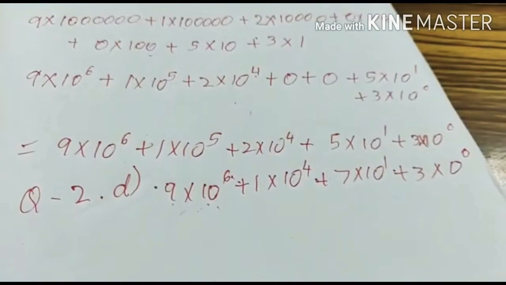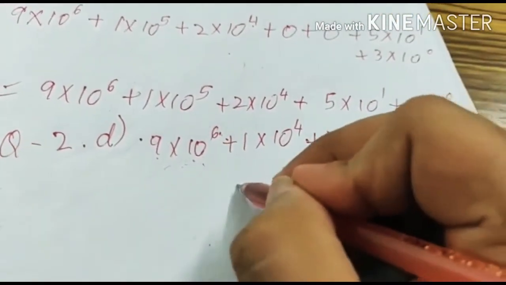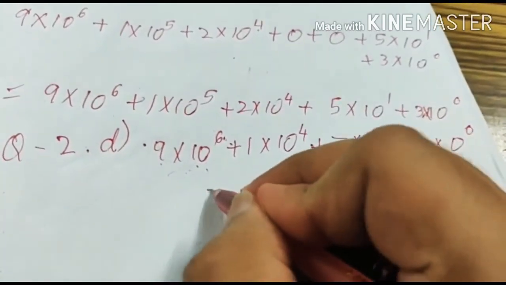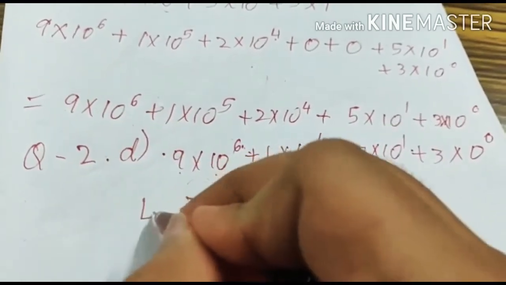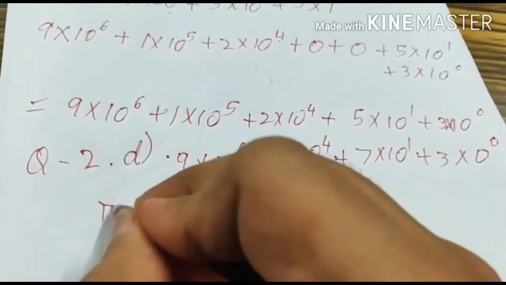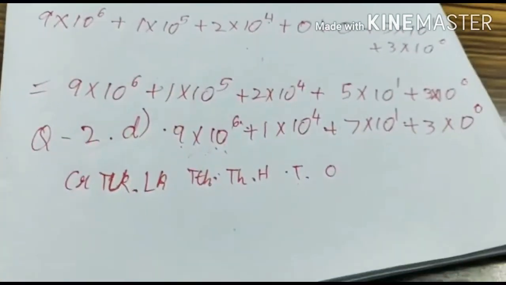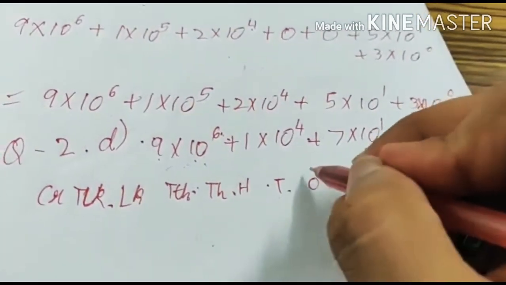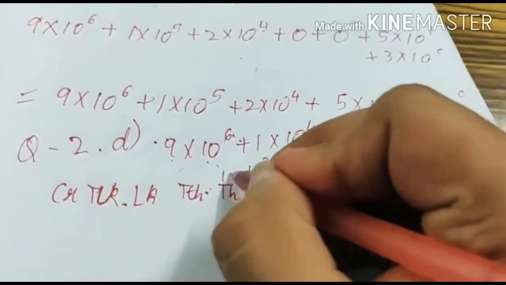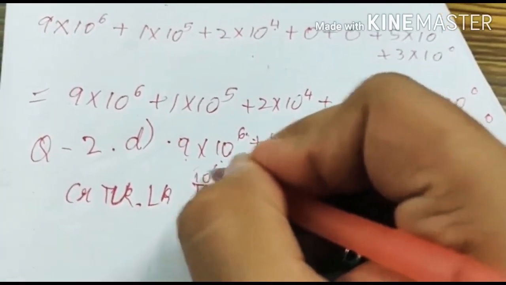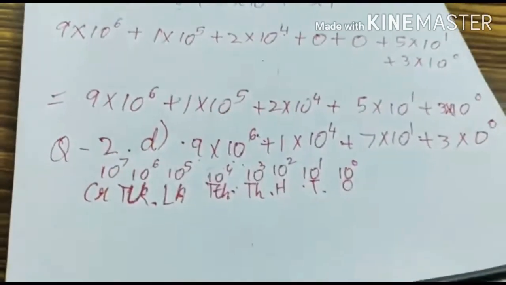is 1 into 10,000. Do one thing, write ones, tens, hundreds, thousands, 10,000s, lakh, 10 lakh and crore. This is always 10 to the power 0, 10 to the power 1, 10 to the power 2, 10 to the power 3, 10 to the power 4, 10 to the power 5, 10 to the power 6, 10 to the power 7.